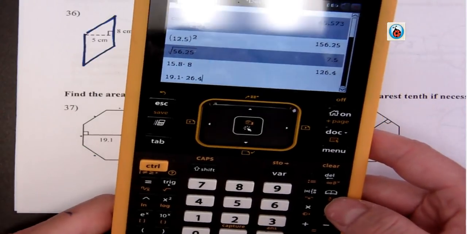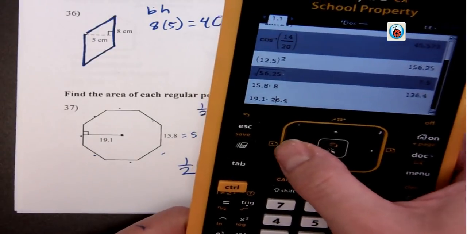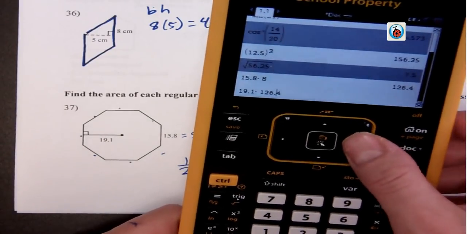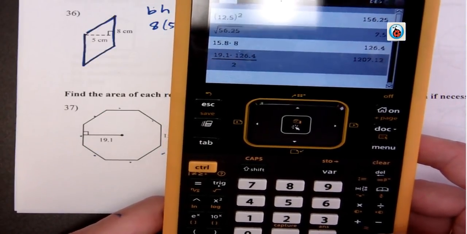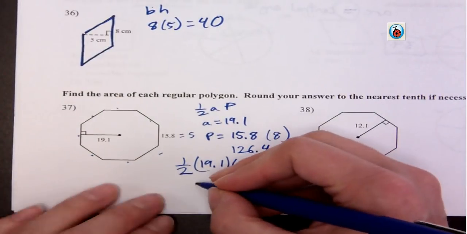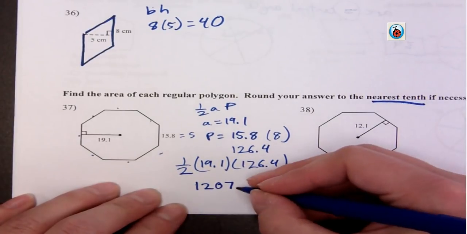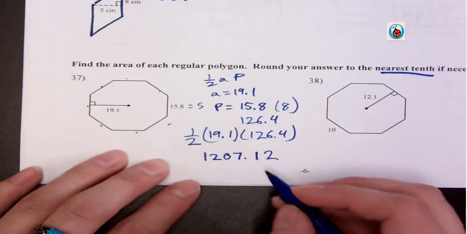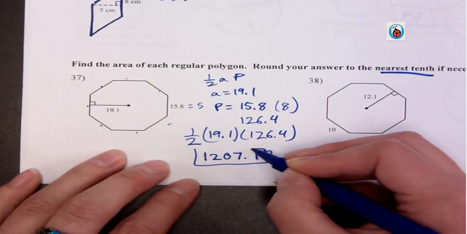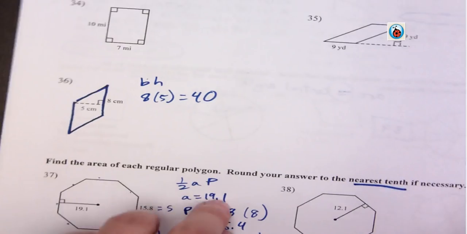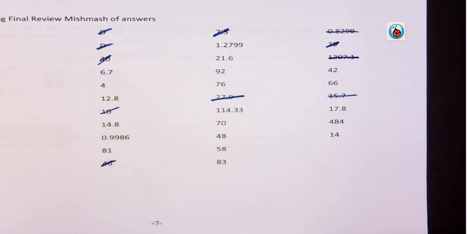I like to put it in as 19.1 times 126.4 divided by 2, which is the same as 1/2. And I get 12,007.1. It says round to the nearest tenth, so nearest tenth would just stay at 1. And I check, and the answer to this is right there.